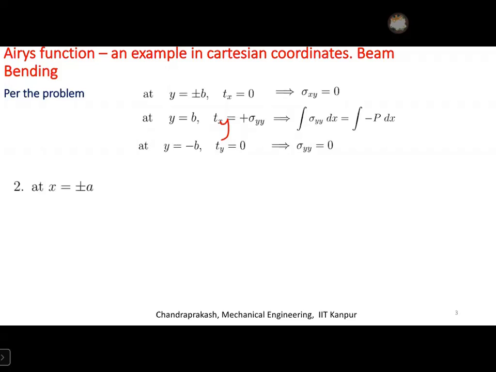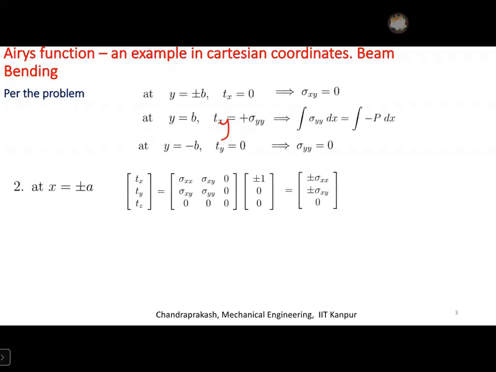Okay. And on the sides, x equals plus a and minus a, you know the normal is either plus or minus 1. And since there are no external loads, we have set sigma xx to be 0. And sigma xy, the integral of it over the region, which is minus b to plus b, we have said it is p0 times a. Okay, how did we get this as p0 times a?